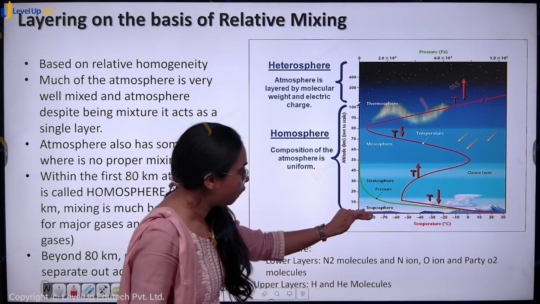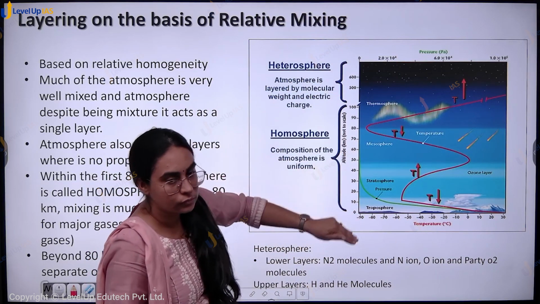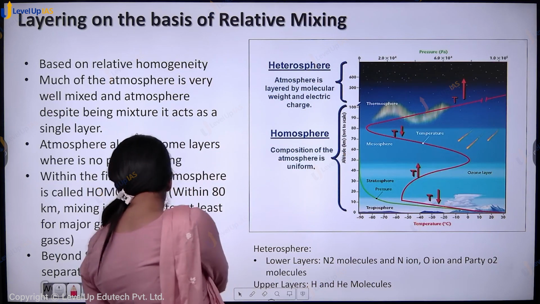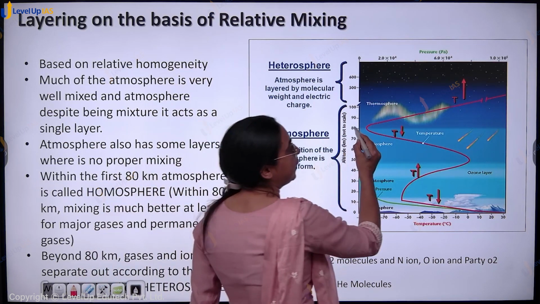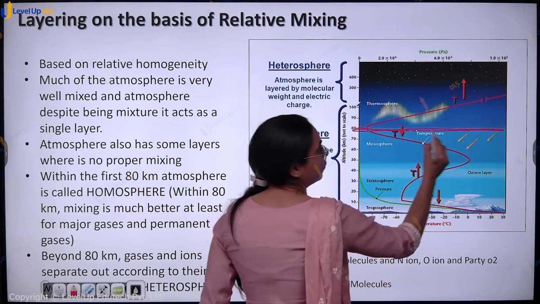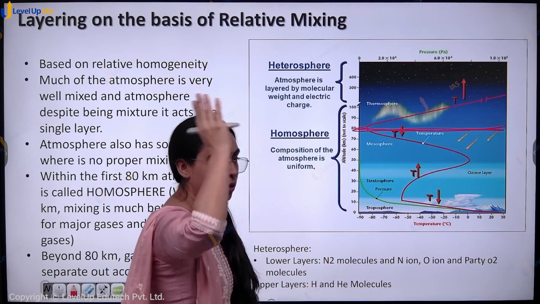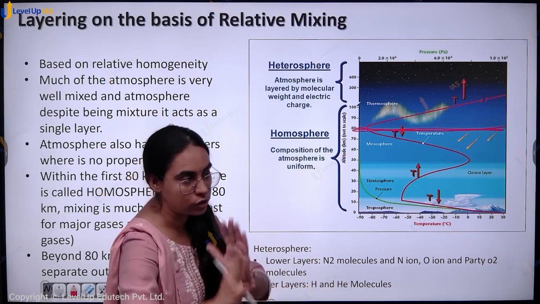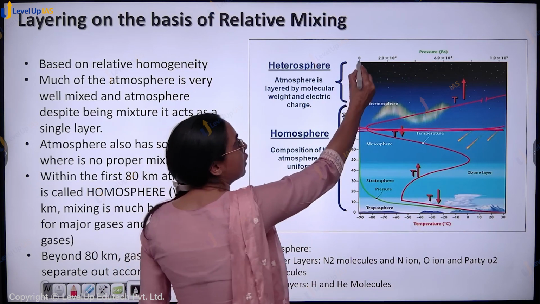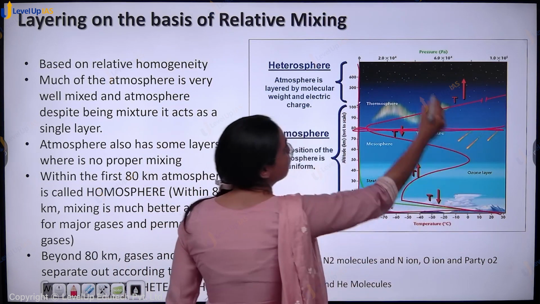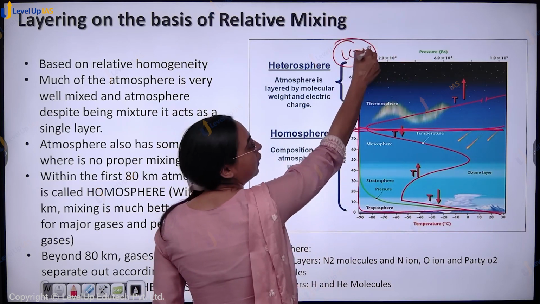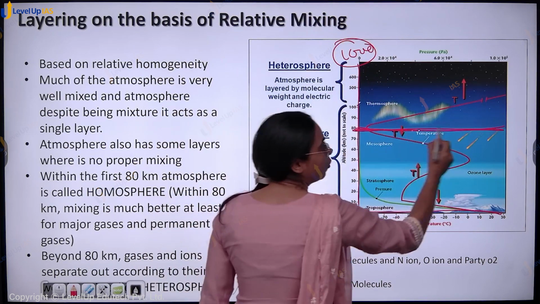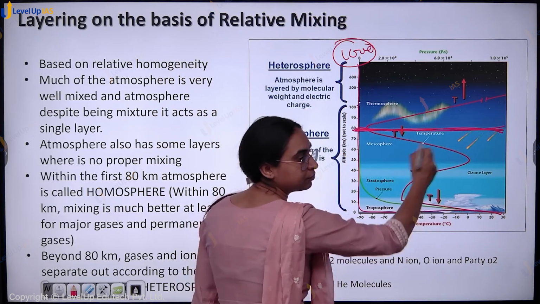So if I see from the bottom up to the top, up to 80 kilometers, अभी दूसरा पैटर्न ही पढ़ रहे हैं, दूसरी ही लेयरिंग समझ रहे हैं, on the basis of relative mixing. My atmosphere can go up to 1000 kilometers, that is fine, but up to 80 kilometers it is well mixed.